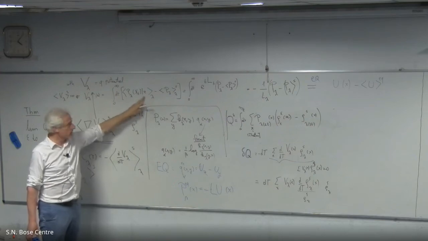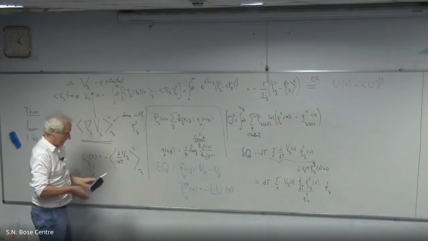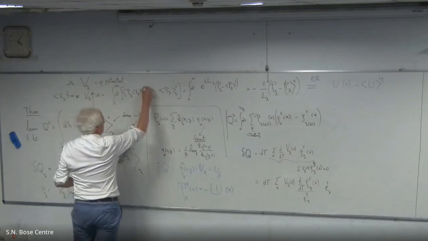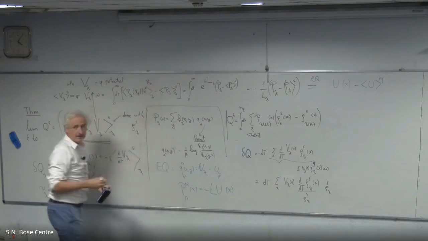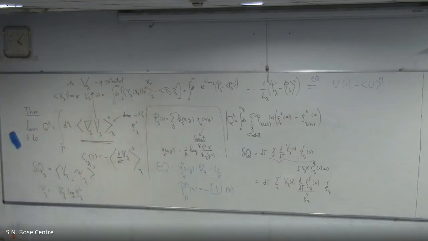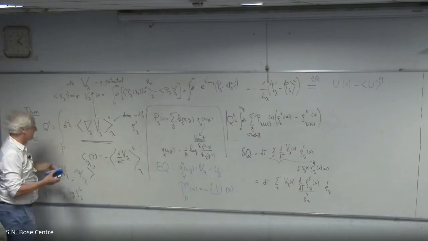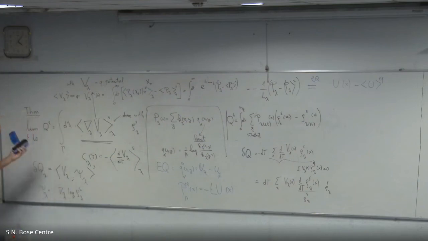So I should have said that this is x0. I start in x, and I look at what is dissipating at time t. So the average is actually over x naught. Yes, thank you. I should have been more careful in my notation.